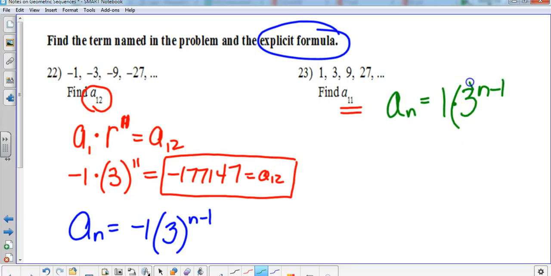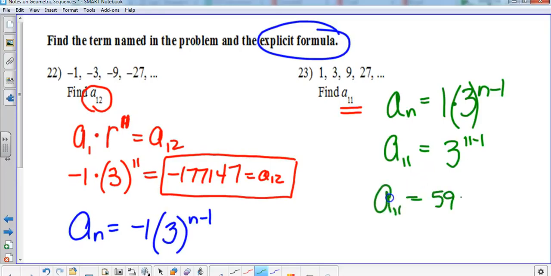No. Because multiplying by 1 does nothing. But a to the 11, how could we find that? 1 times 3 to the 11 minus 1, or 10th. 3 to the 10th is another big number, right? 59,000 something? Someone else get that? Okay.